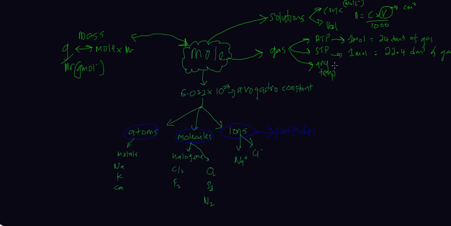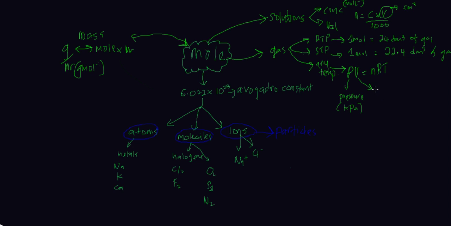Okay, so now any temperature, or the ideal gas law. Now this is a bit tricky, but it's not difficult. The formula is PV equals nRT. P stands for pressure, and usually is measured in kilopascal.